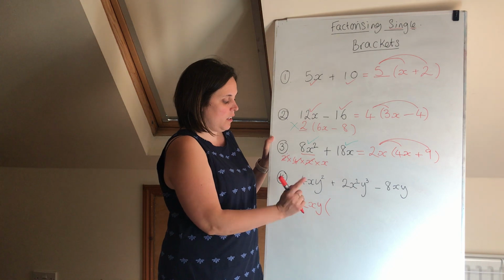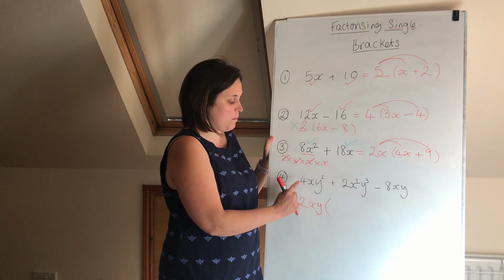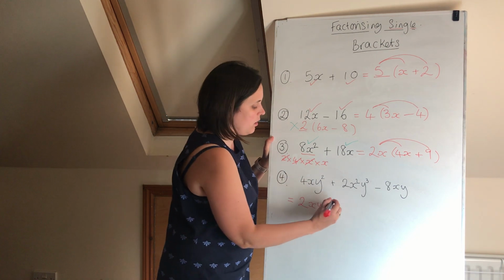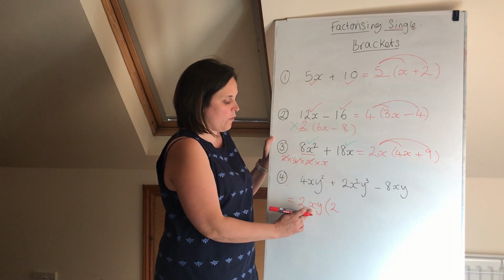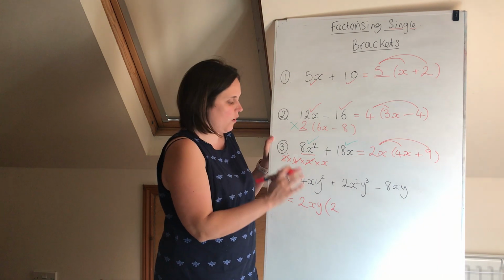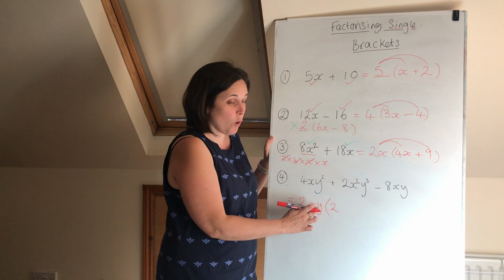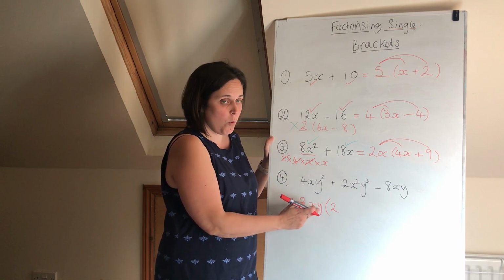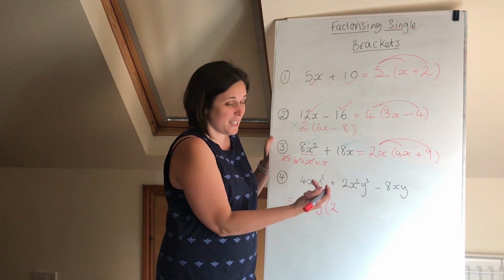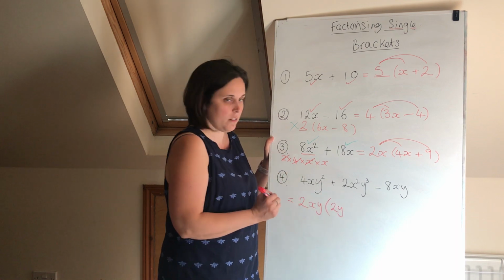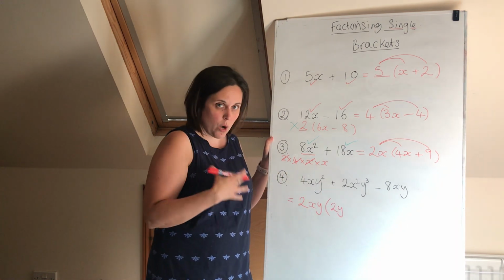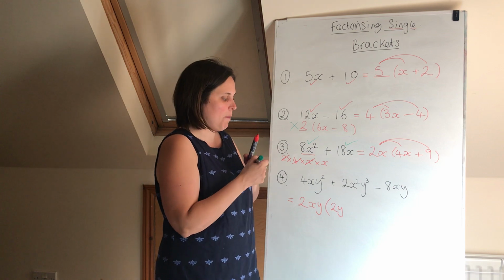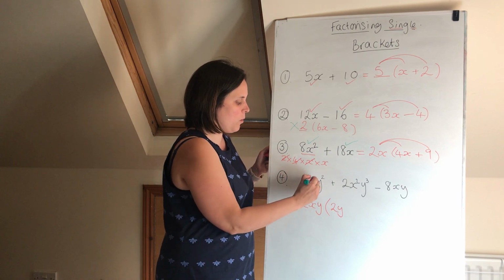2xy. So first of all, numbers. 2 times what gives you 4? Answer 2. Now we've got an x, that's fine. Y squared, we've got y. So just like up here, if we've got y and we need y squared, we need to multiply by a y. Okay? So go over that again, make sure that you're happy with that, okay? So you do each bit one at a time.